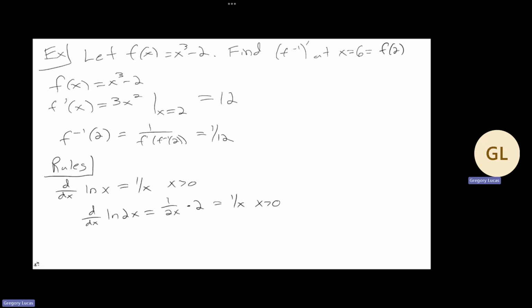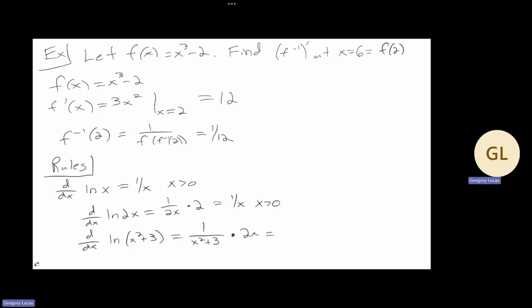Let's do another one. Let's take the derivative of ln of x squared plus 3. So it's 1 over x squared plus 3. But again, we have to use the chain rule. So the chain rule here, the derivative of x squared plus 3 is 2x.